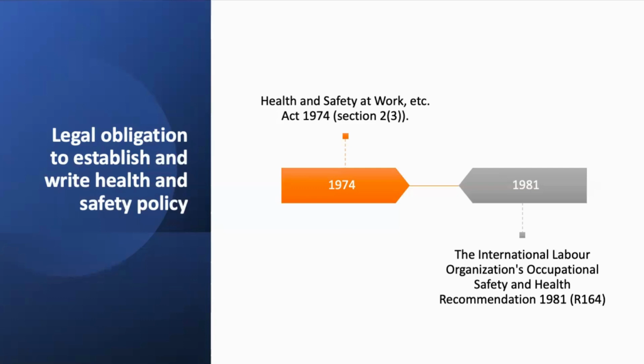So it's not only important to write an understandable policy in your organization, but it should be communicated to all your staff working under you, so that they understand what you have written in that policy. Having a written health and safety policy can help organizations to demonstrate their commitment to health and safety and to comply with legal requirements.